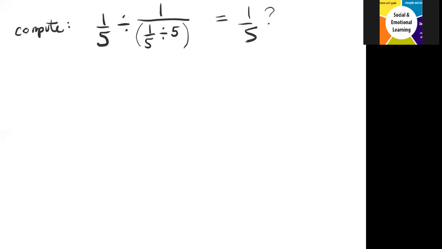Let's break this down step by step here. We need to change these to multiplications, right? We don't want these division signs in here. So what's the first division sign you want to change? How can I change a division sign?